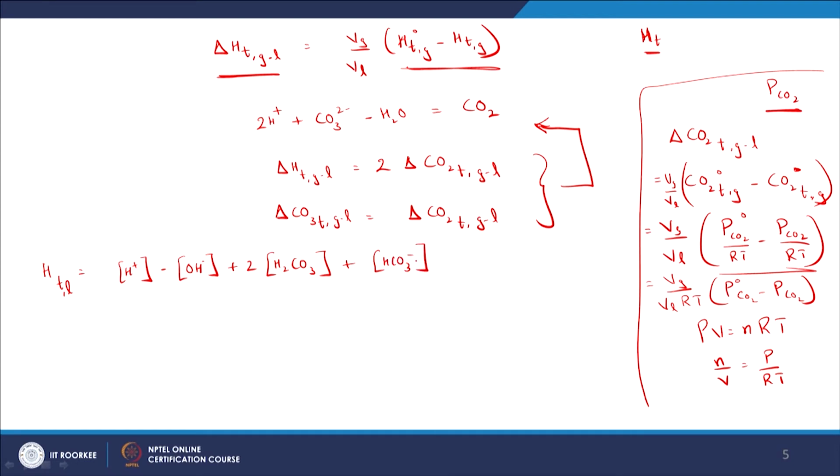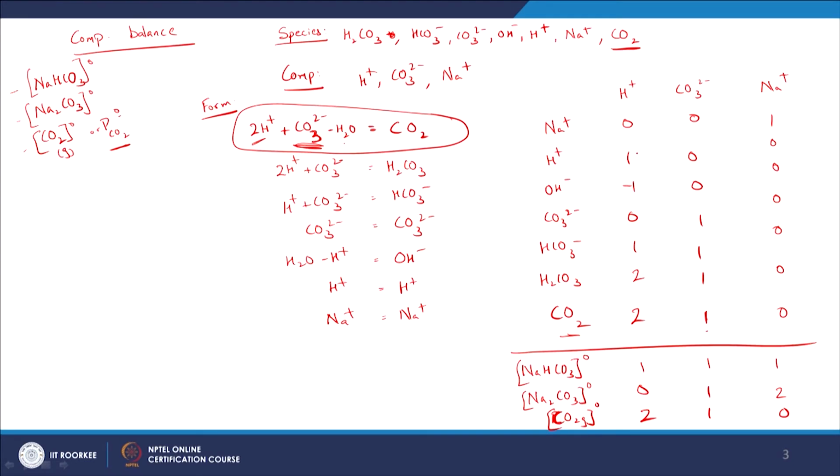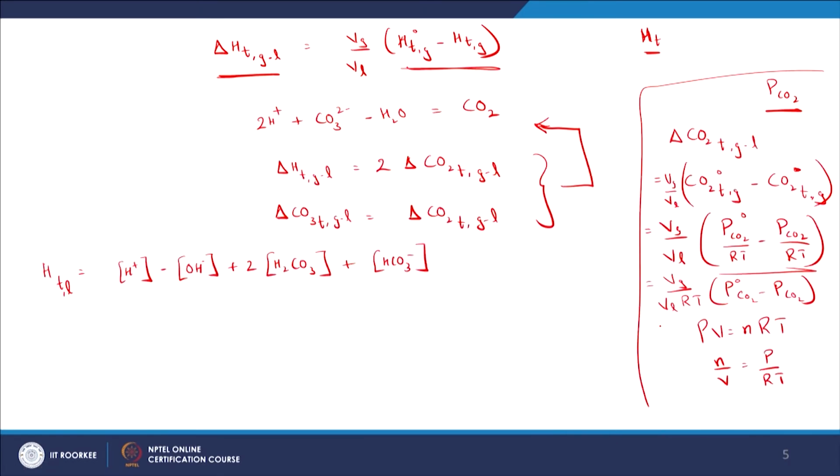Let's look at the tableau once, and that's what we see here, 1, 2, 3, 4, and obviously carbon dioxide, but here we are only looking at the liquid phase, so we are going to omit carbon dioxide for now. But obviously what is this going to be equal to now? This, as we know, is going to be equal to HTL, the one initially, plus any change from the gas to liquid, and that's what we looked at here.